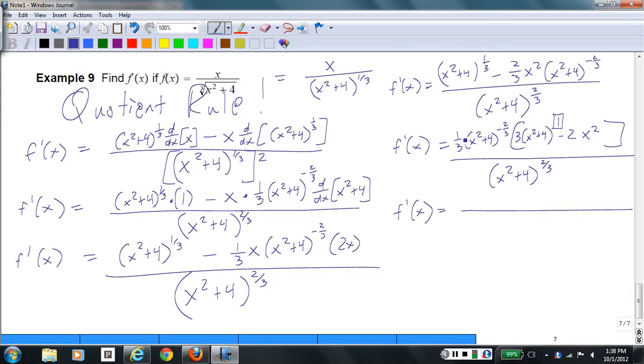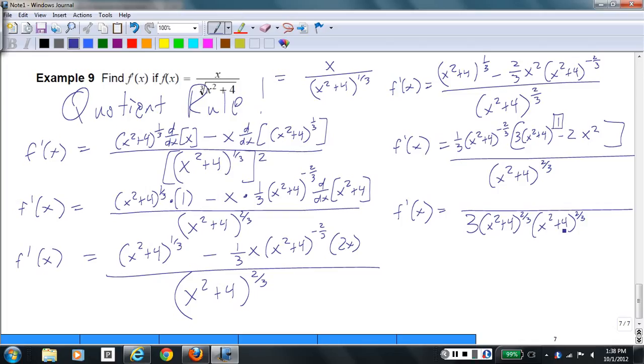Why don't we take the 1/3? That's like 3 to the negative 1. Shove it down to the denominator, we get 3 to the positive 1. All right, (x squared plus 4) to the positive 2/3. Another (x squared plus 4) to the positive 2/3.